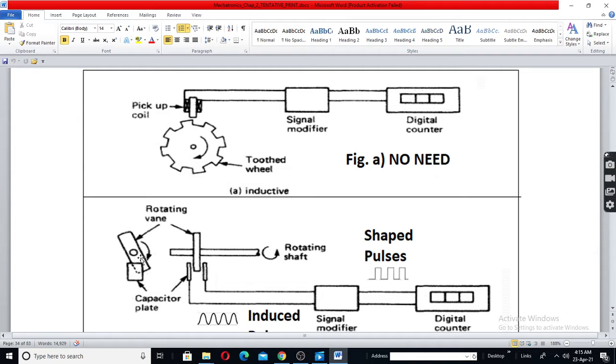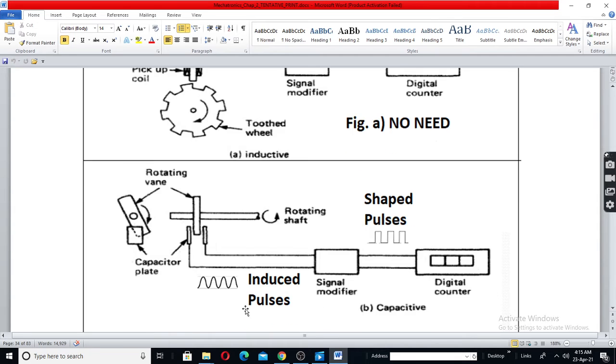You have two plates of a capacitor. When the vane is moving, rotating, the value of capacitor will change because the vane will come inside between the plates and also go out of the plates. So you will get pulses.